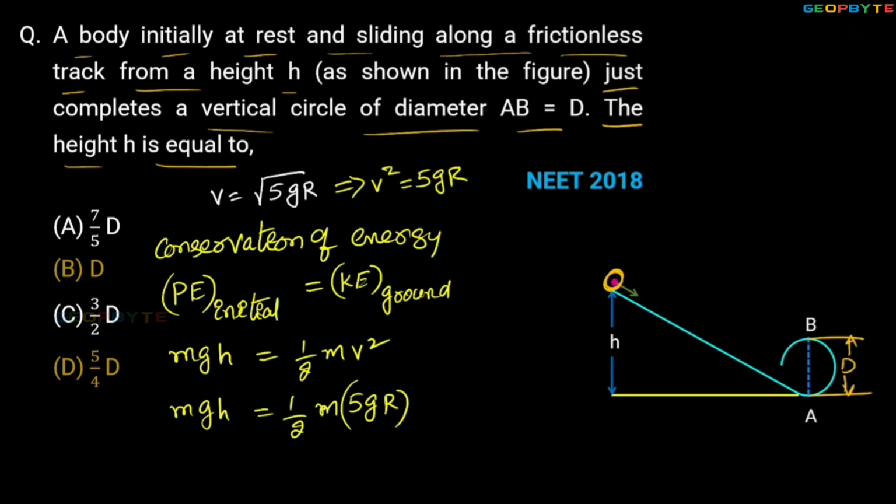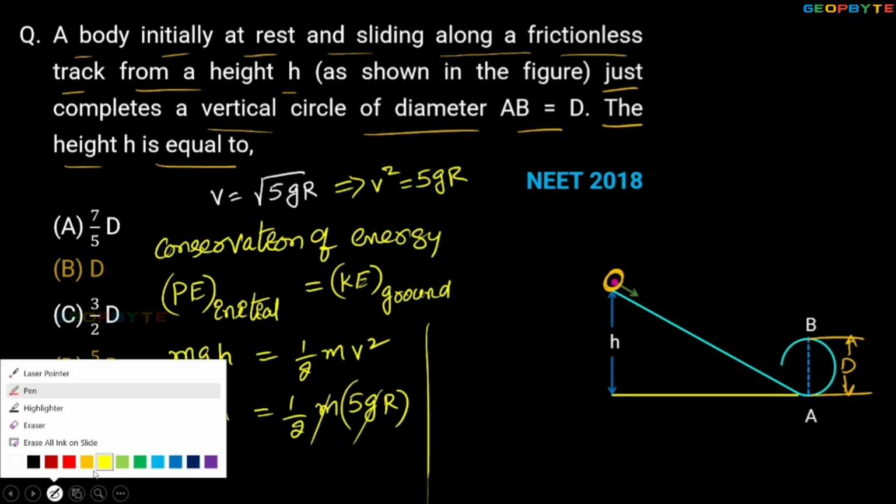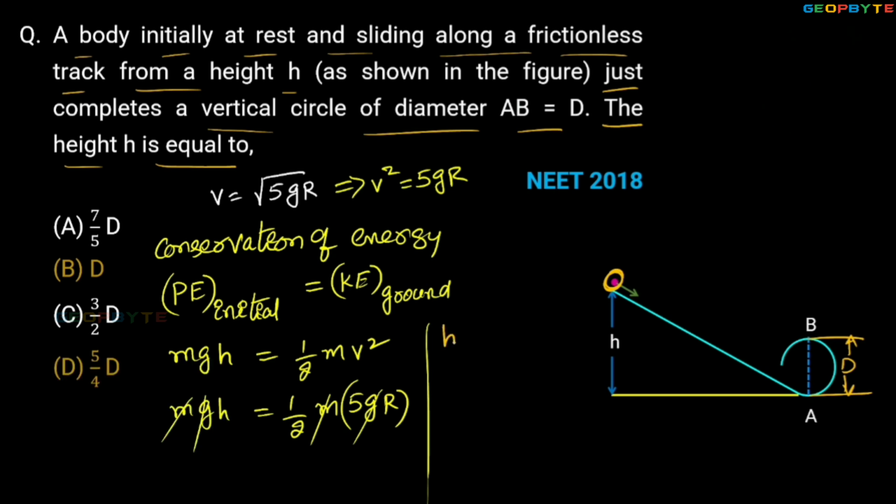Now you simplify it. This m is cancelled. Of course, g also cancelled. Finally, it is h equal to 5 by 2 r, and r equal to what? D by 2.